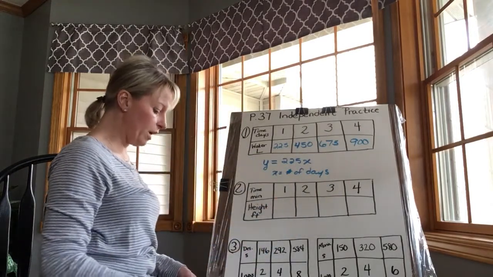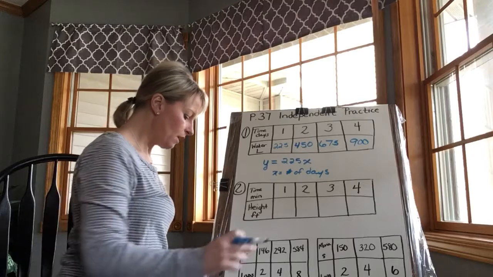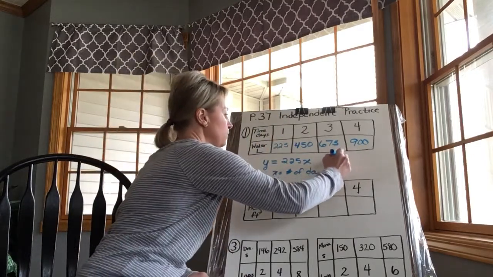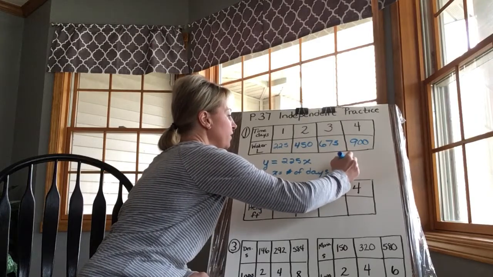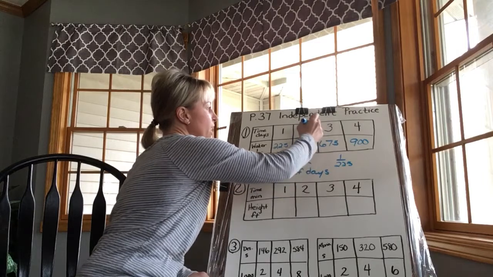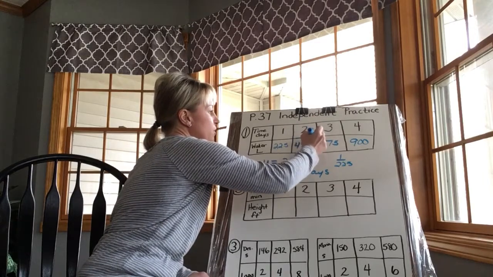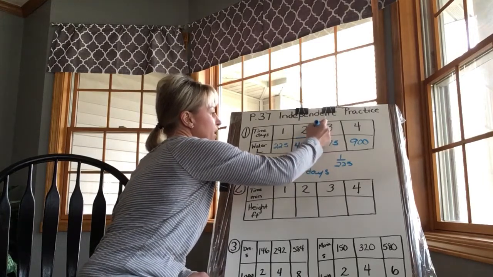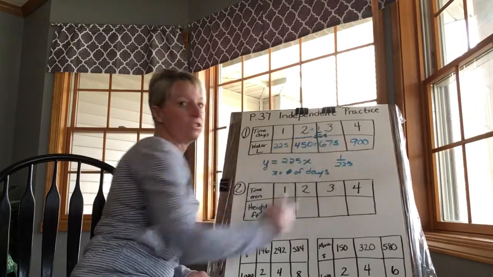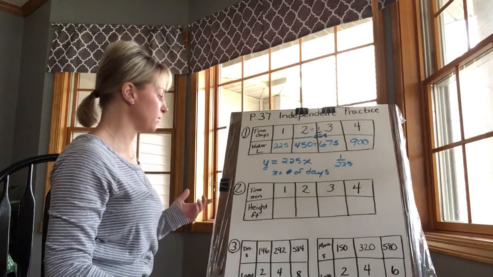If I go through and make a proportion, I can say days to water, it's 1 to 225. If I reduce this fraction, it becomes 1 over 225. If I do that to the next 2, it's the same thing. You get the same answer.